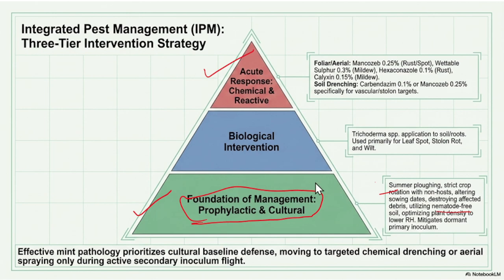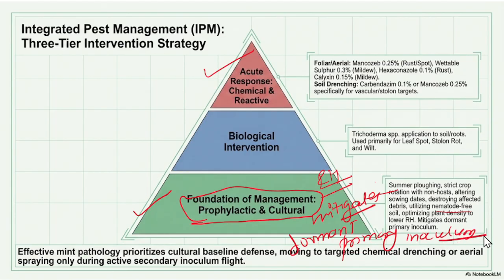Then plant density is low. Relative humidity is also low. This mitigates the dormant primary inoculum. You can take these preventive measures for disease development.